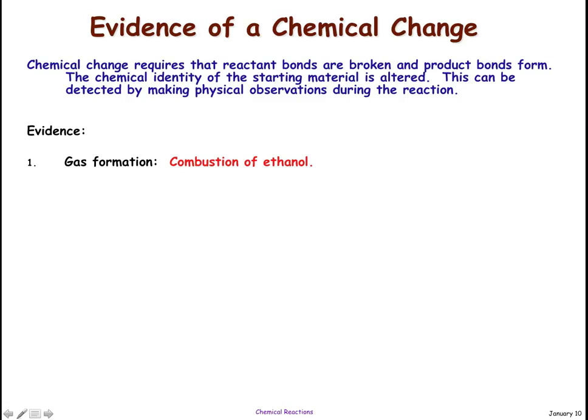So that product at the end, carbon dioxide and water, is different from the starting material. So a chemical reaction proceeds. Remember that a chemical reaction proceeds when the chemical identity has been altered. The beginning material is different from the ending material in terms of chemical structure.